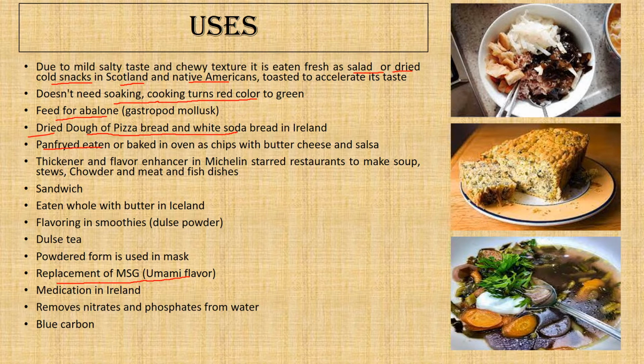Also, dulse can be used as a thickener or flavor enhancer in various types of stews and soups, in both meat and fish dishes. It can be used in sandwiches, both in dried as well as fresh form.